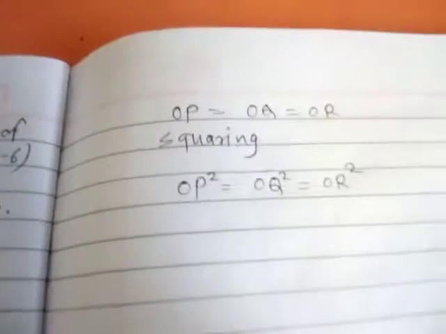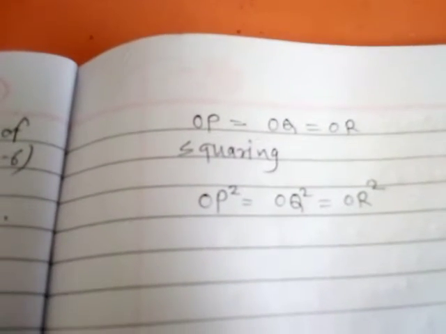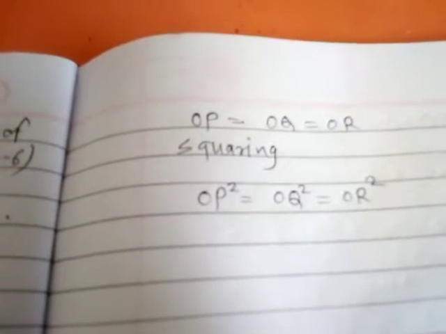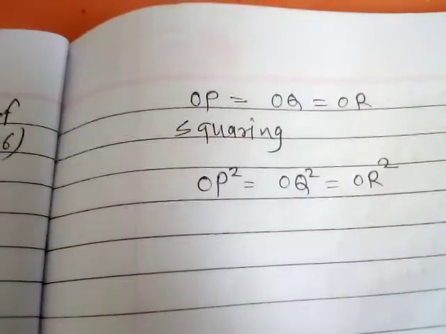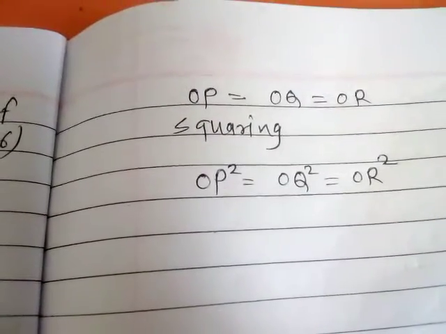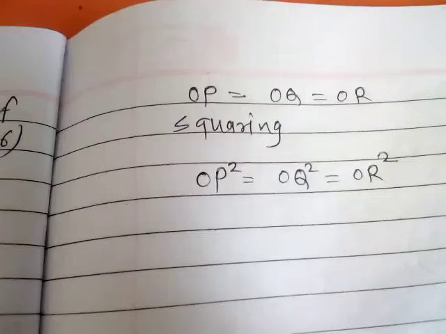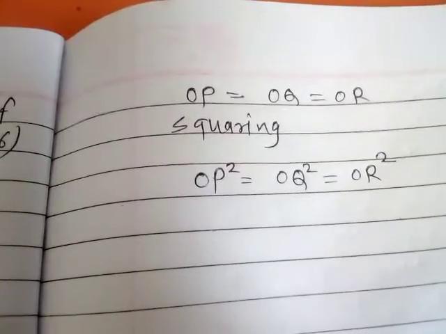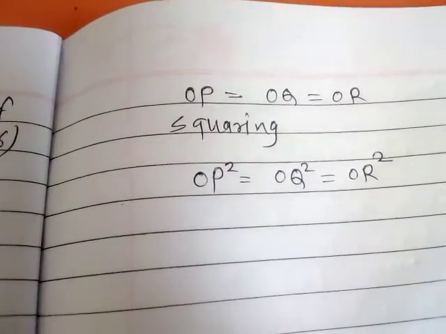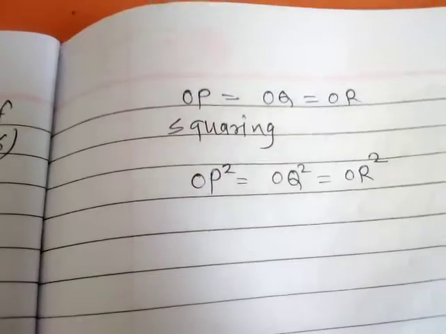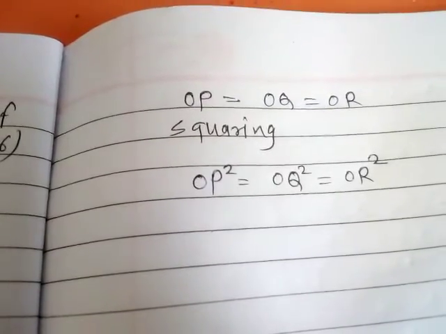Here OP is equal to OQ is equal to OR. Therefore, squaring on both sides, we get OP square is equal to OQ square is equal to OR square. Now first we consider OQ square is equal to OR square, and the values of x and y will be found.